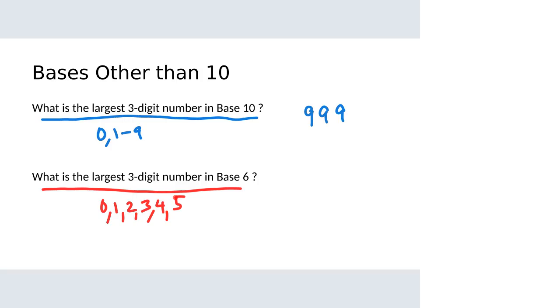Just like in base 10 the largest digit is 9, if we're working in base 6, the largest digit we can possibly have is a 5. And so the largest three-digit number in base 6 is 555. Hopefully that's at least understandable, even if it's not completely comfortable quite yet.